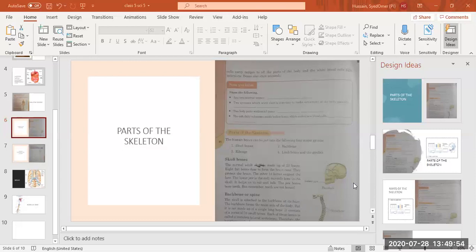Backbone is also called... Okay, Ibra, you can tell what is meant by vertebral column. Okay, students, listen to me. Vertebral column.